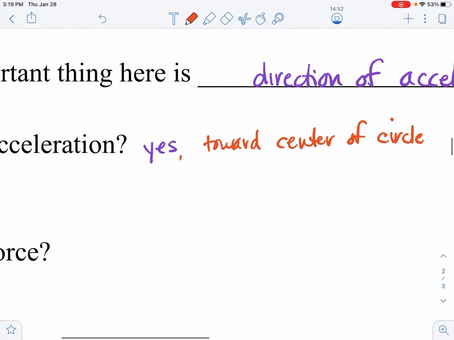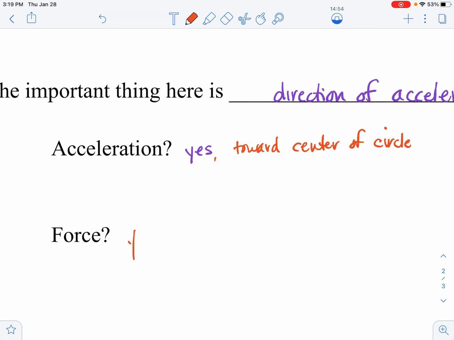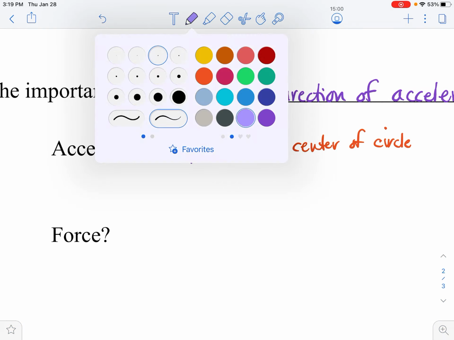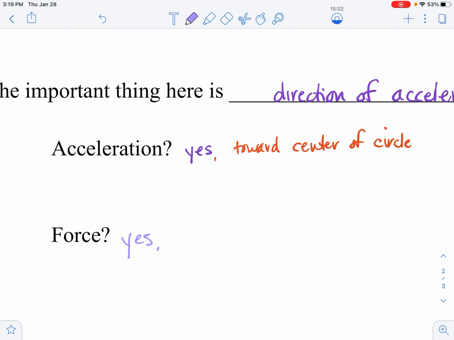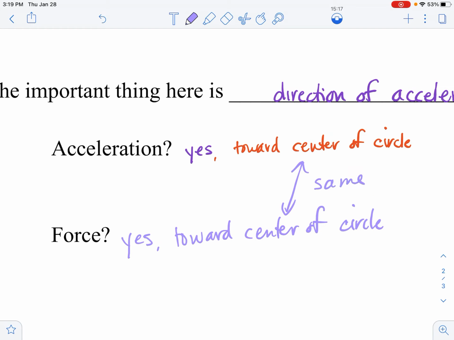Is there a force? Yes. And I forgot to change colors. My bad. Here we go. Yes! And it's also toward the center of the circle. Okay? These are always going to be the same. Right? The force causes the acceleration, so the force and the acceleration have to be in the same direction.